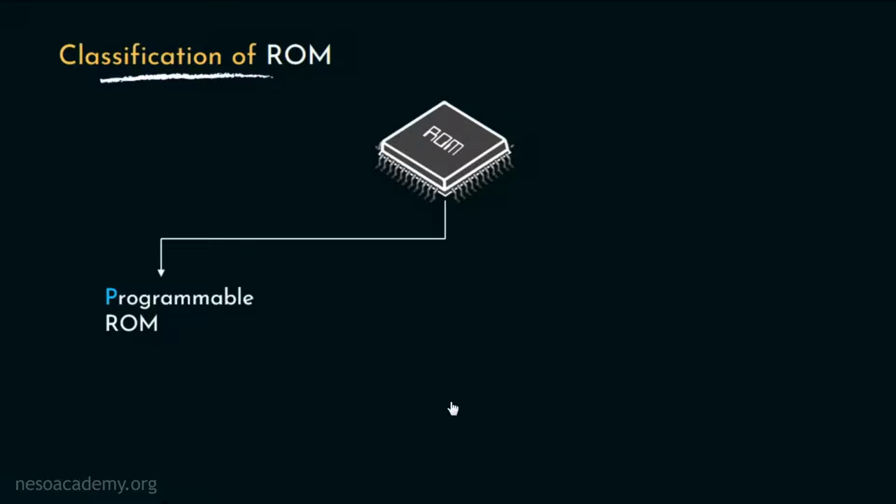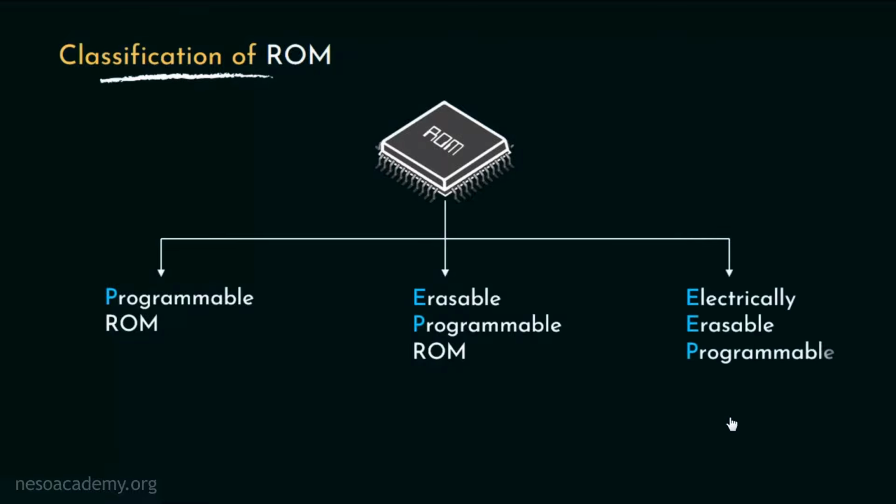The next type is the erasable programmable ROM or EPROM. These chips can be rewritten many a time. In EPROMs, erasing requires ultraviolet light of frequency 253.7 and the EPROM should be closer than 2 inches to the eraser's light source to work properly. Finally, the electrically erasable programmable ROM or EEPROM.